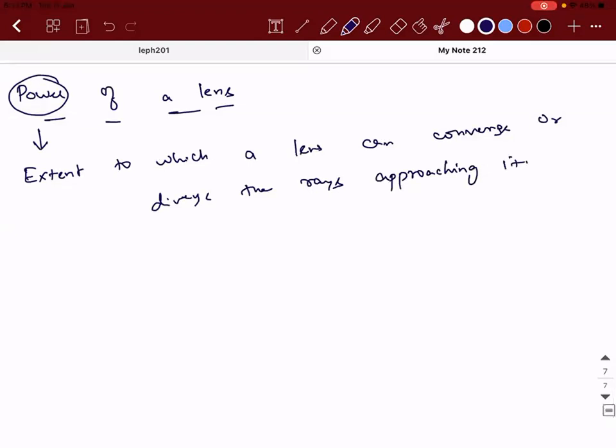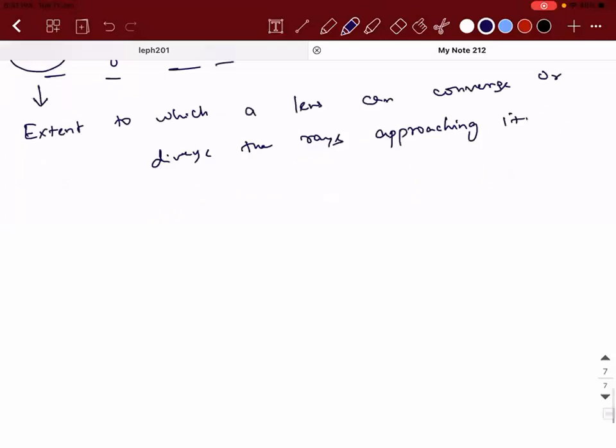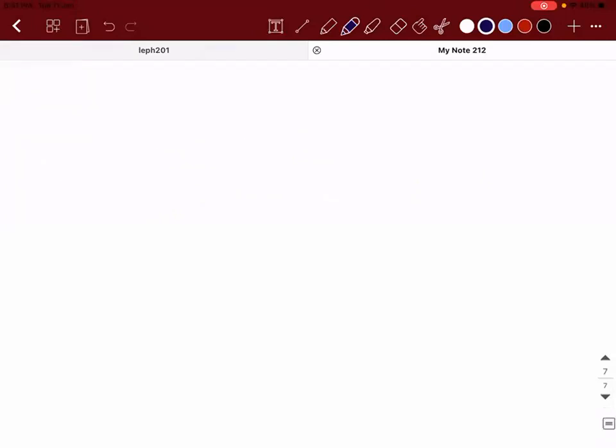So power of a lens is basically a measuring parameter. It is a parameter for a lens which will give us the extent to which that particular lens has the tendency to converge or diverge the rays approaching it.